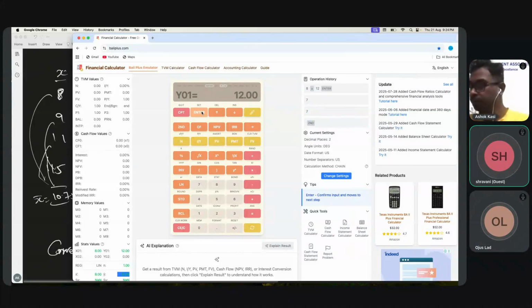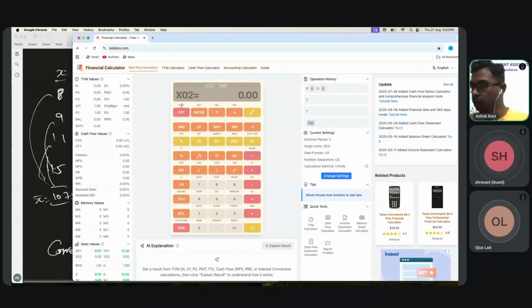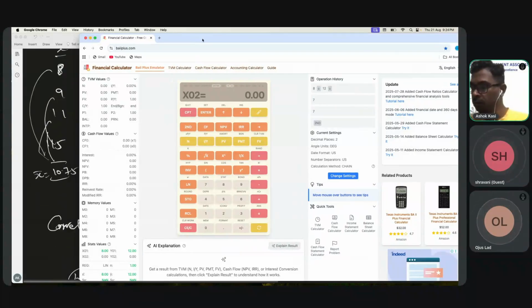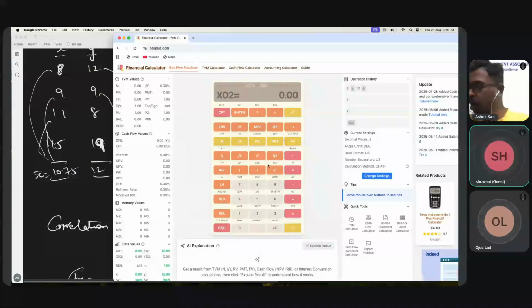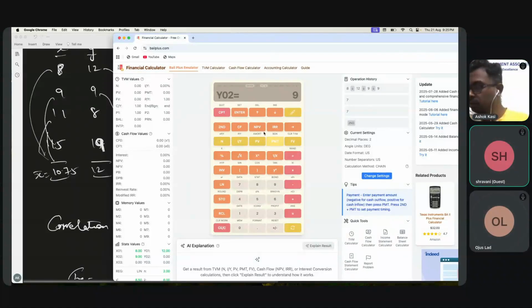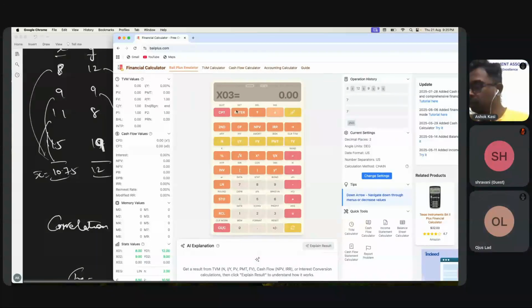Enter. Then downward arrow. X02 is 9. Enter. Then downward arrow. Y02 is also 9. Enter. Then downward arrow.